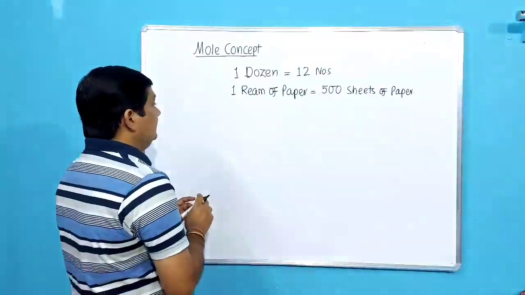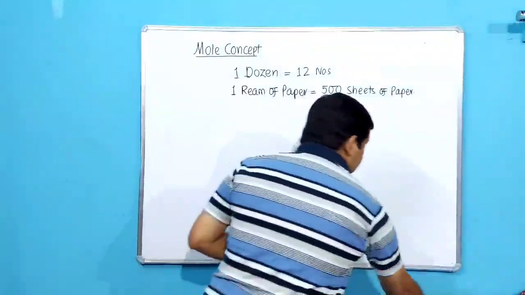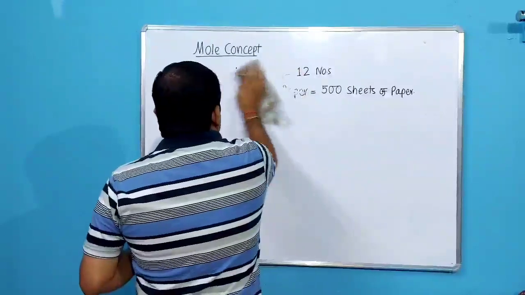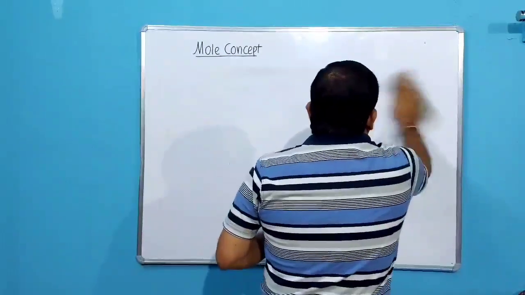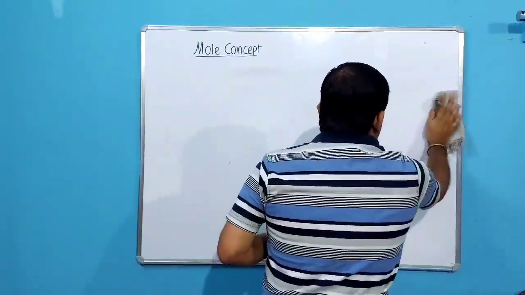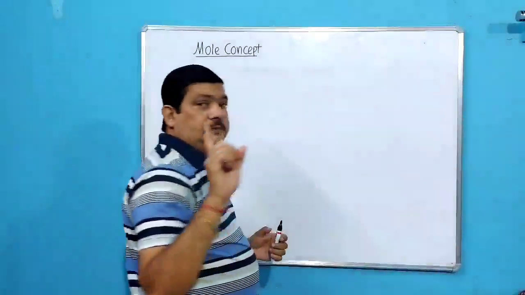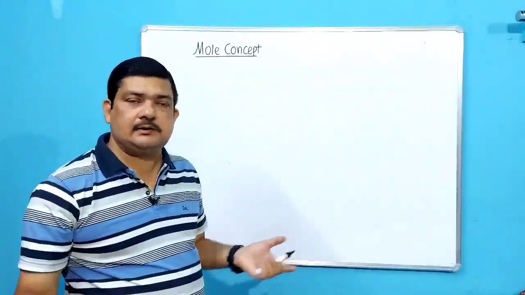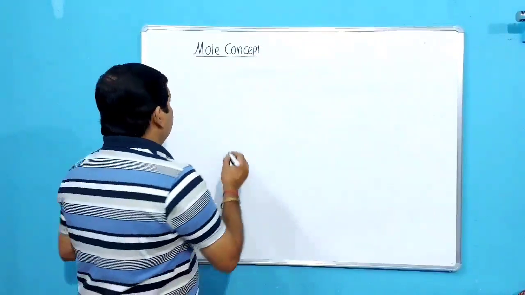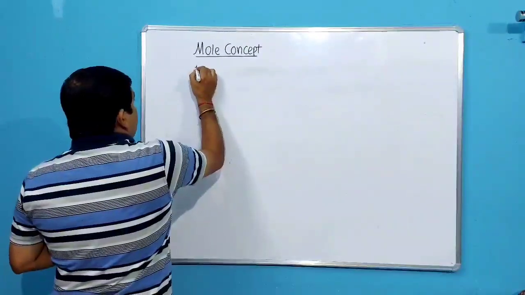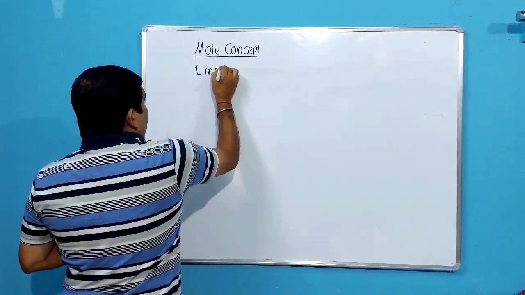Then first let us see what is the definition of a mole. So as I told you, it is the number of particles. Particles means it may be atom, it may be molecule, it may be ions, it may be electrons, any particle. Okay. So first let us know what is 1 mole.